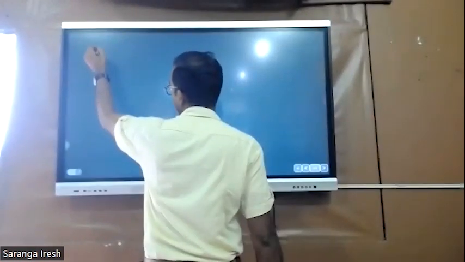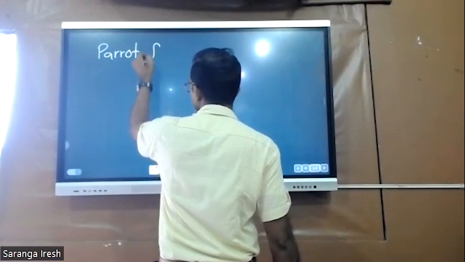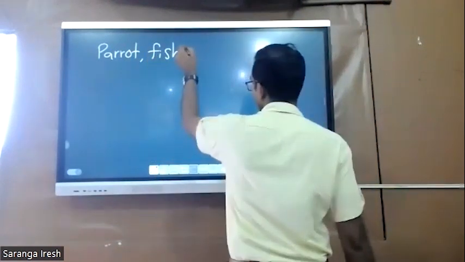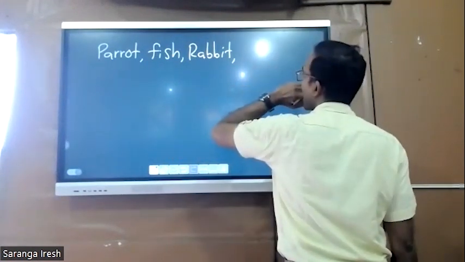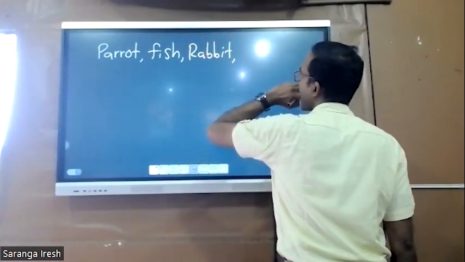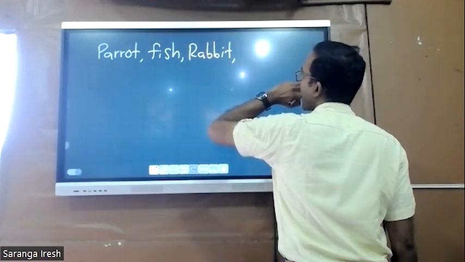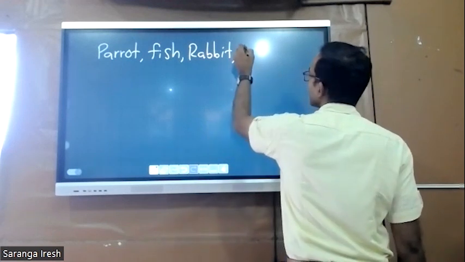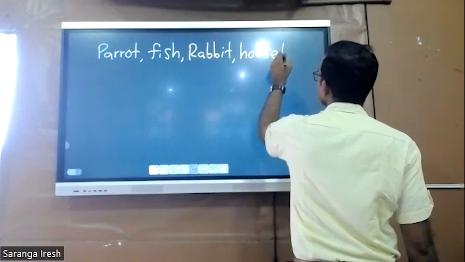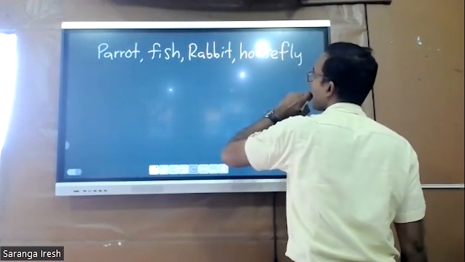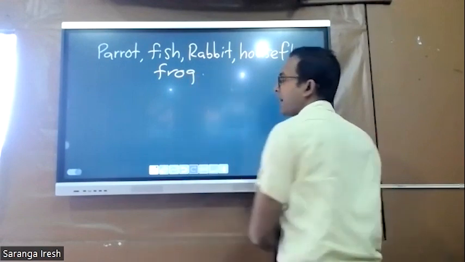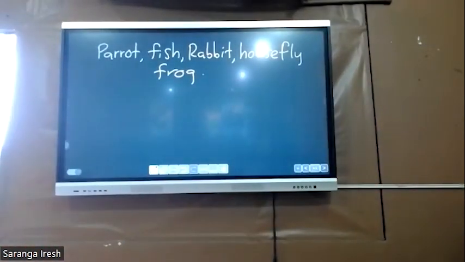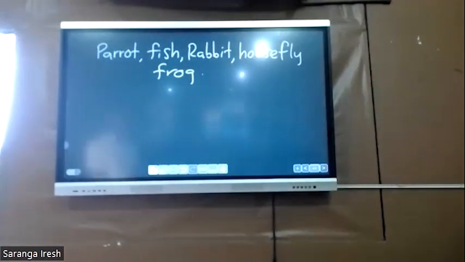Now I will give you a list of organisms: parrot, fish, rabbit, housefly, and frog.